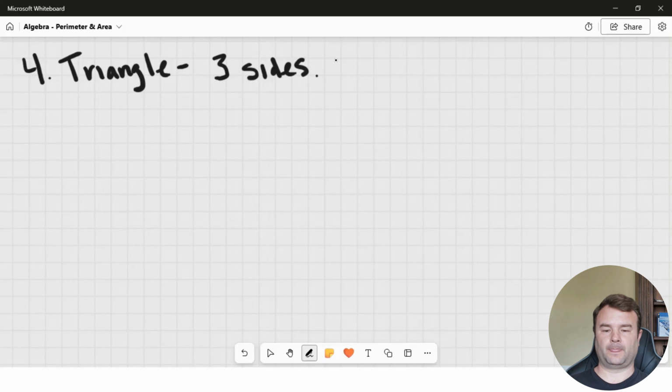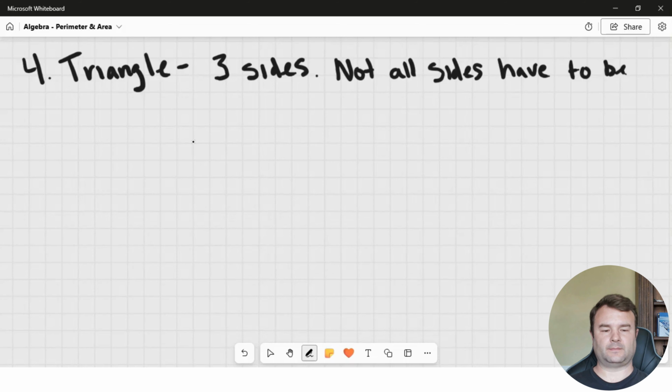So not all sides have to be equal length.